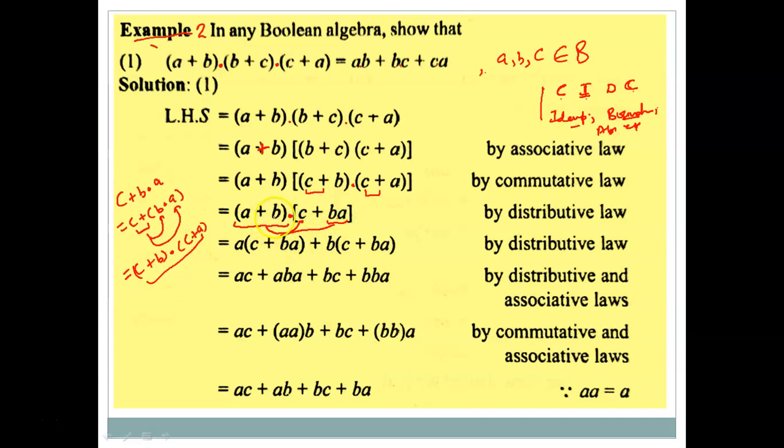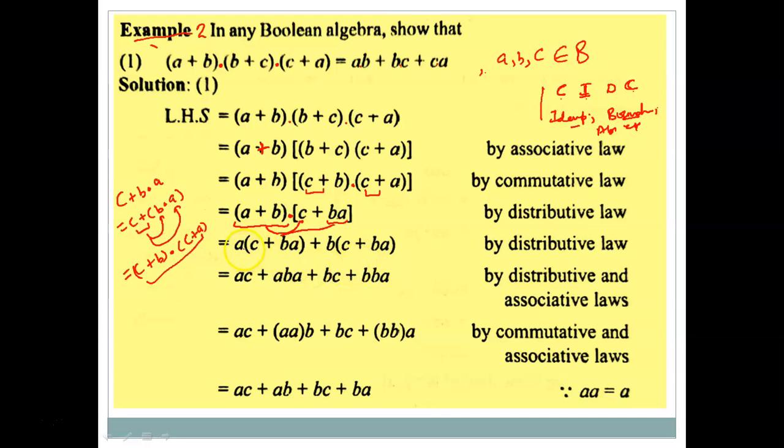Consequently, we get a plus b dot c. We are distributing this side with a, that means a dot c plus ba, and similarly this part with b dot c plus a. So we get this kind of expression.